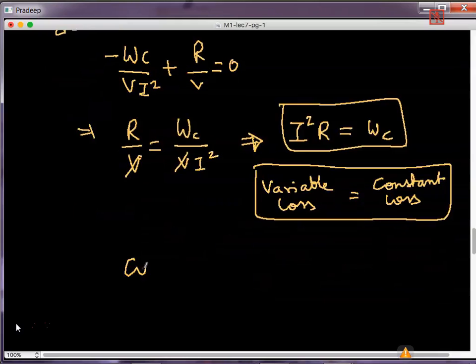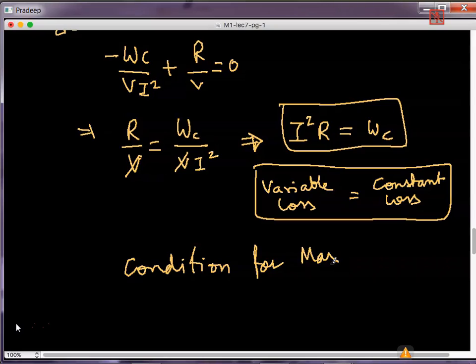This is the condition for maximum efficiency. So this is the condition for maximum efficiency. So any doubts up to here?